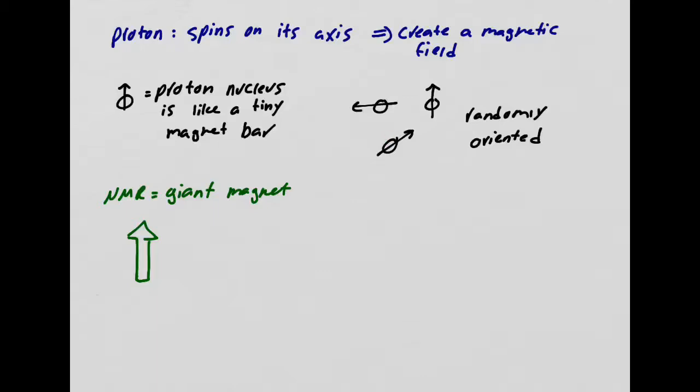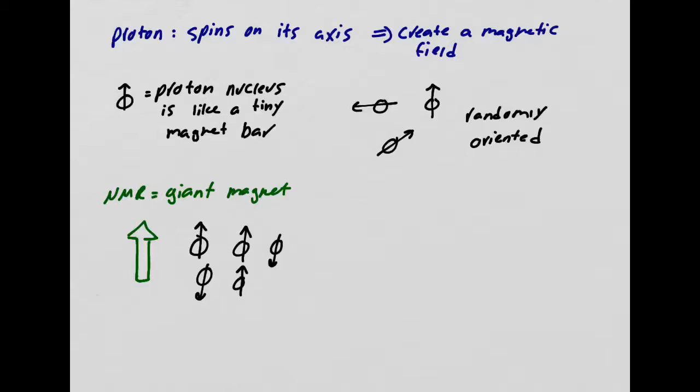Now, all these protons that are randomly oriented, if you put a magnet next to those, there's two ways they can be oriented: with the magnetic field or against the magnetic field. So far, so good. Okay.